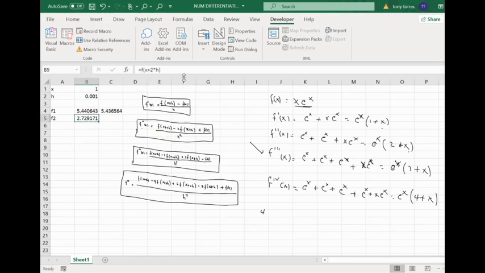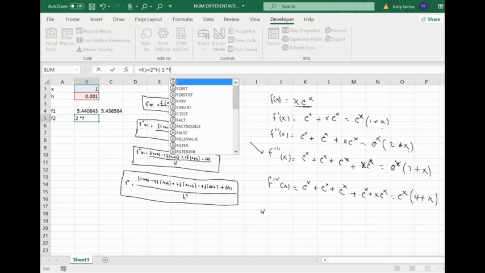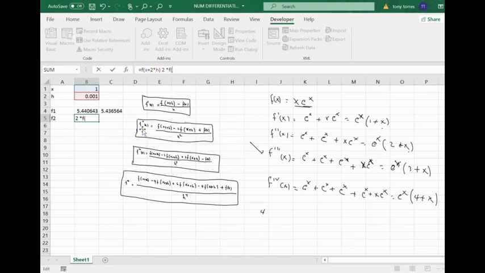So if I continue with this formula, that would be minus f of what? Minus 2 times x plus h. X, I love this, plus h.